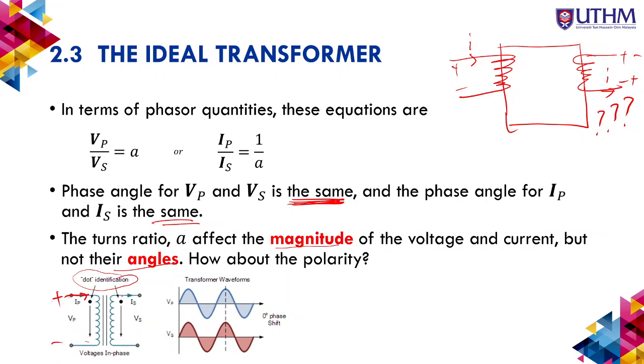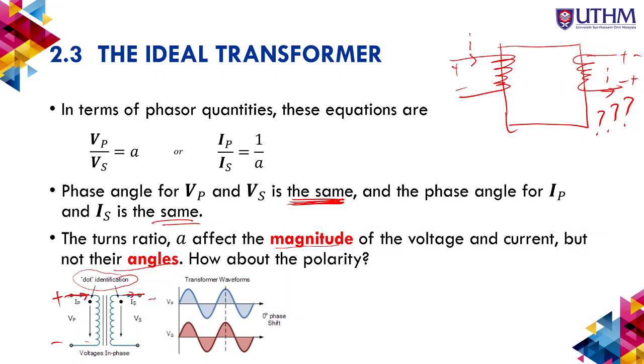Same goes for the secondary side. From the primary side the current goes into the transformer, and on the secondary side, when there is a dot, it means that the current will flow out from the dot.